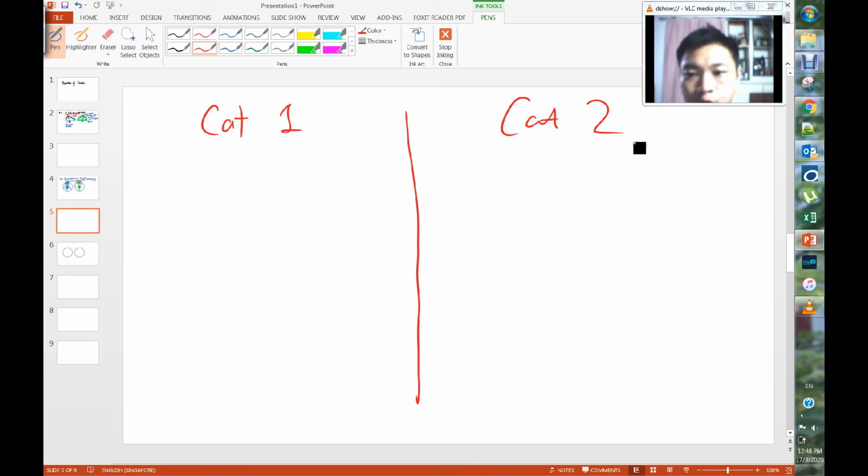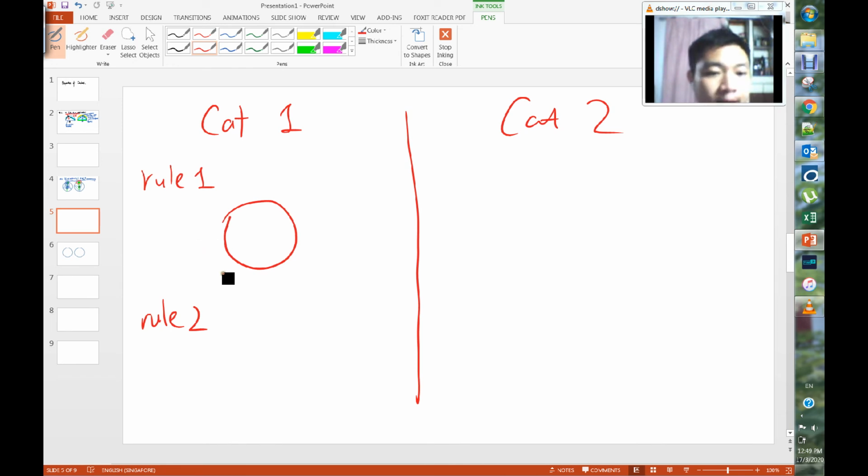So for cat 1, what you can actually see is you have rule number 1 and then you have rule number 2. For rule number 1, you have a circle. Let me just draw 2 circles out. So rule number 1 is angles in a semicircle.